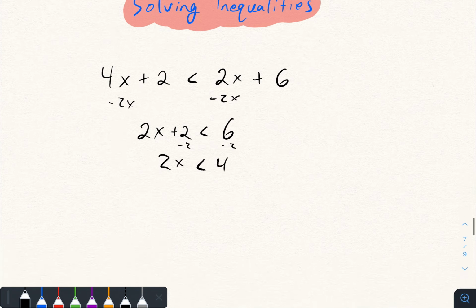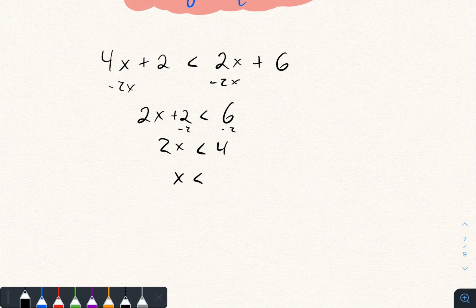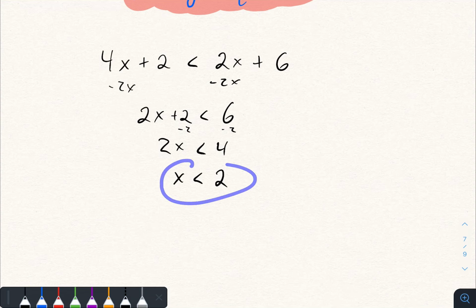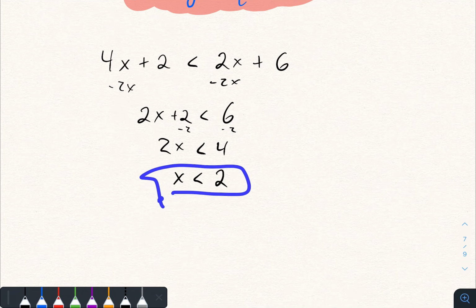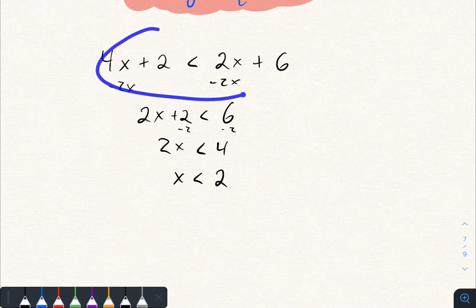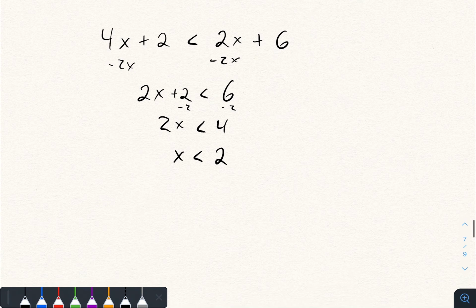I'm left with 2x is less than 4. And then I can divide by 2 so that x is less than 2. So we've solved to say that if 4x plus 2 is less than 2x plus 6, then x is some number less than 2. This tells us more clearly what x values we could plug into this inequality to get a true statement.